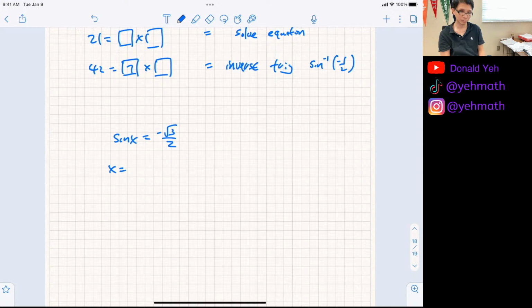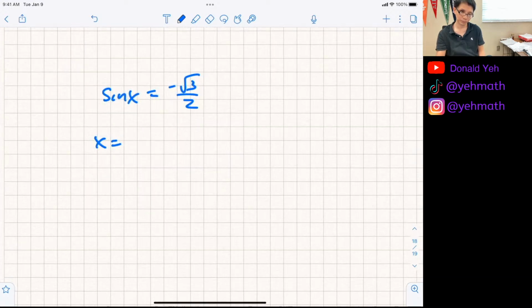I was thinking in terms of radians because calculus is not going to use degrees anymore. 5π/3.